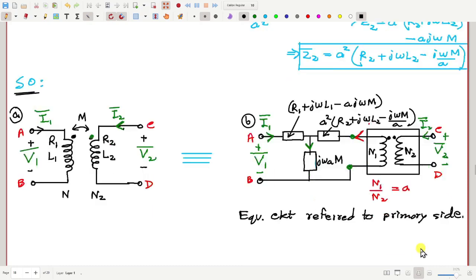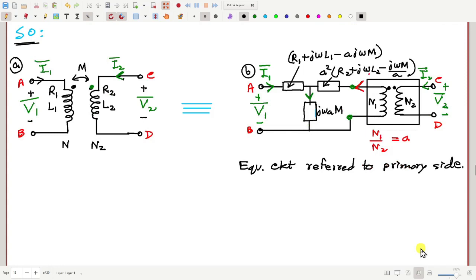Now, one thing you have to understand, I guess you know, is that equivalent circuits are never unique. This is a general note. What do I mean by that?